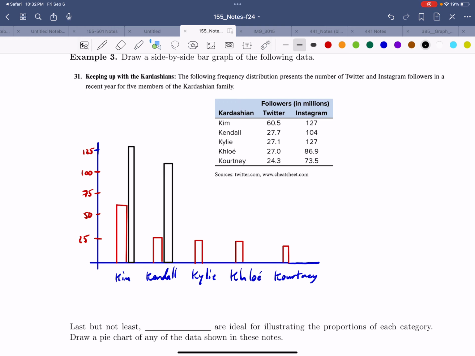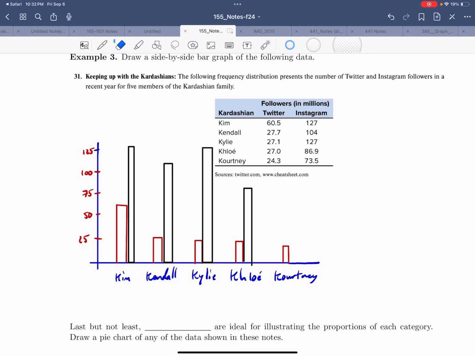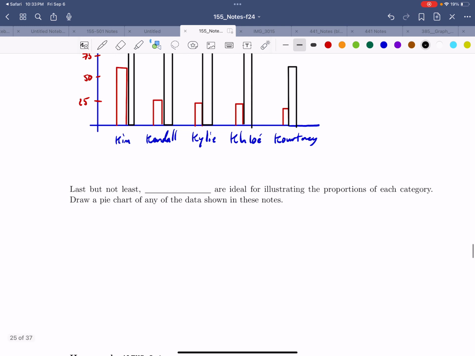About there. And I'll just let you finish it at this point. By the way, it's turning these into rectangles, but you can just, you know, at the bottom. Actually, screw it. At this point, we may as well just finish it. Right, you get the picture, right? We do this. 86.9 is about here. Again, I'm kind of rough edging this here. And then last but not least, 73 something right about here. So, right, this is an example of a side-by-side bar graph.